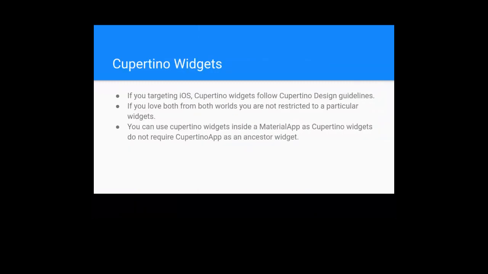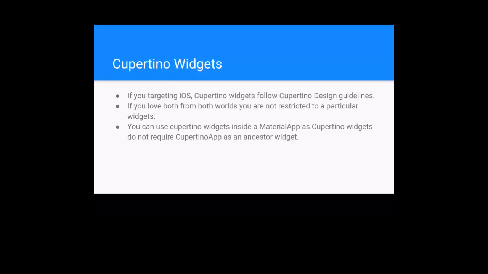The good part is that with Cupertino widgets, you don't have to have a Cupertino app as your ancestor. Even if the ancestor is a material app, you can plug your Cupertino widgets inside there.